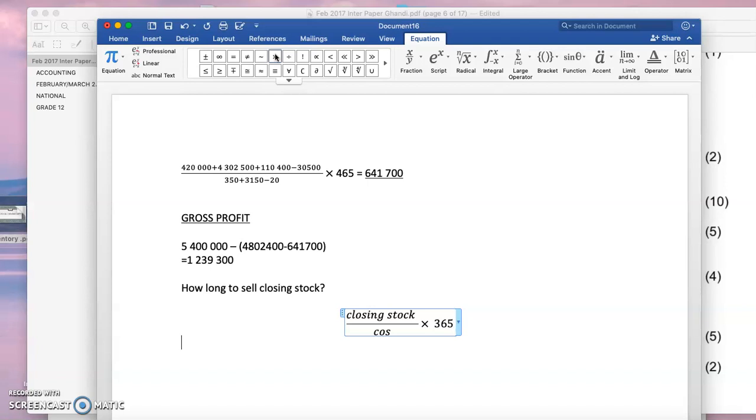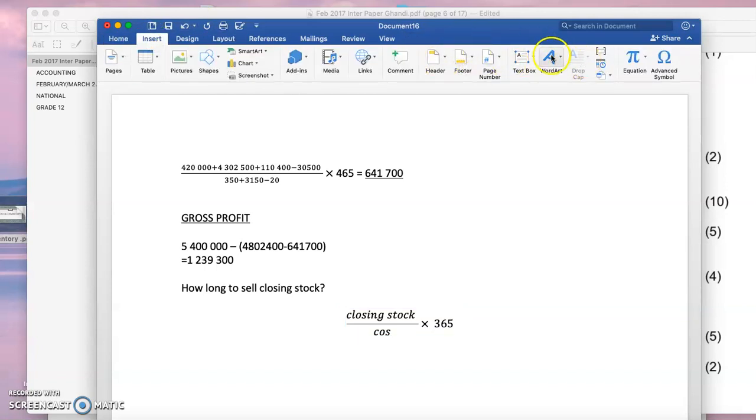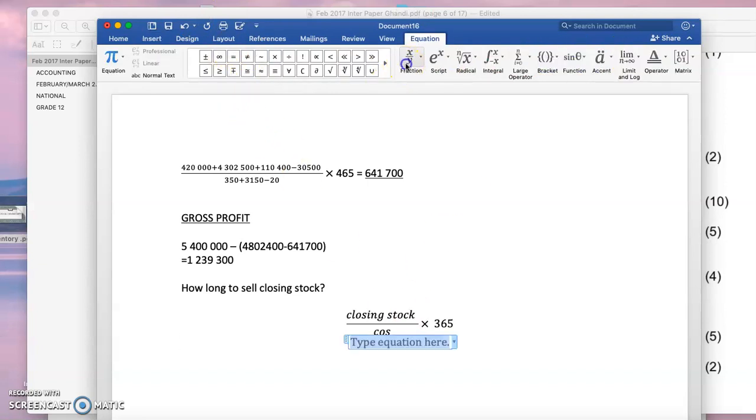Okay, so essentially, if you add in the relevant figures, then at the top of the equation or the fraction, our closing stock was 641,700. We calculated this.